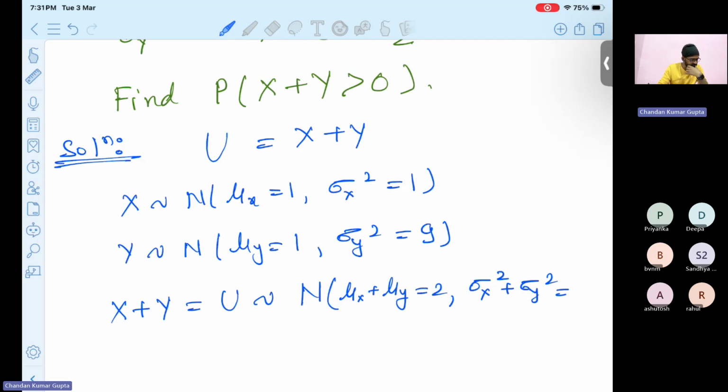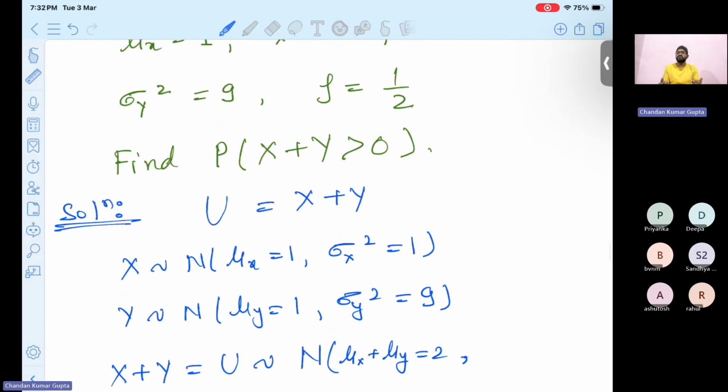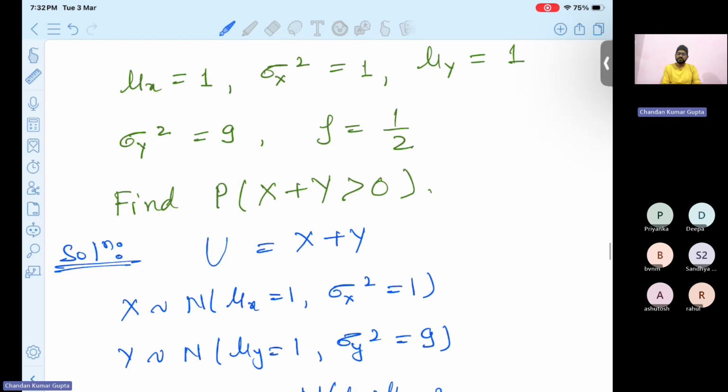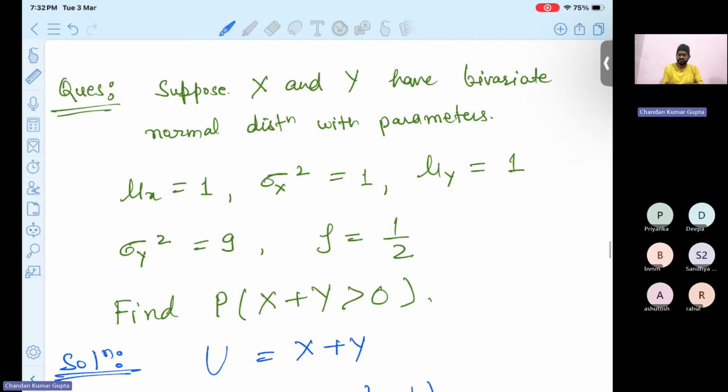Let me see first. There is one mistake, not a mistake actually. Let me write it in the next line so that it is clear. We do not have information about whether x and y are independent or not. We are not given anything about the independence of the random variables.